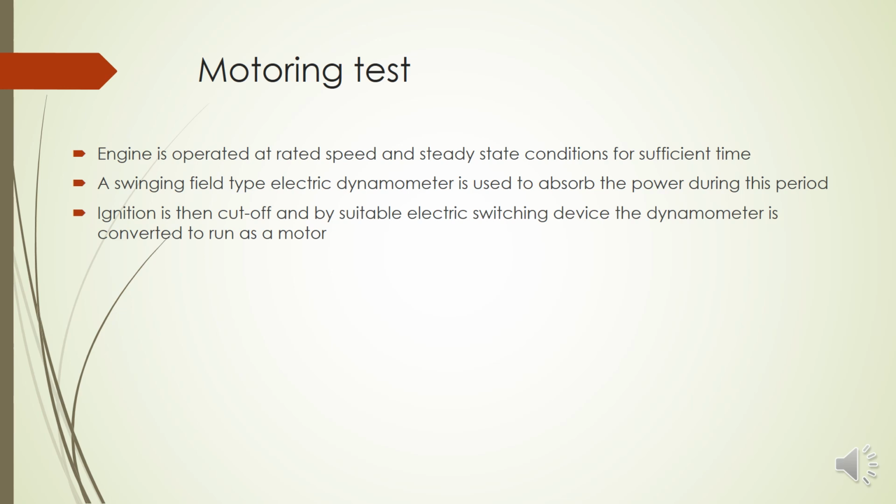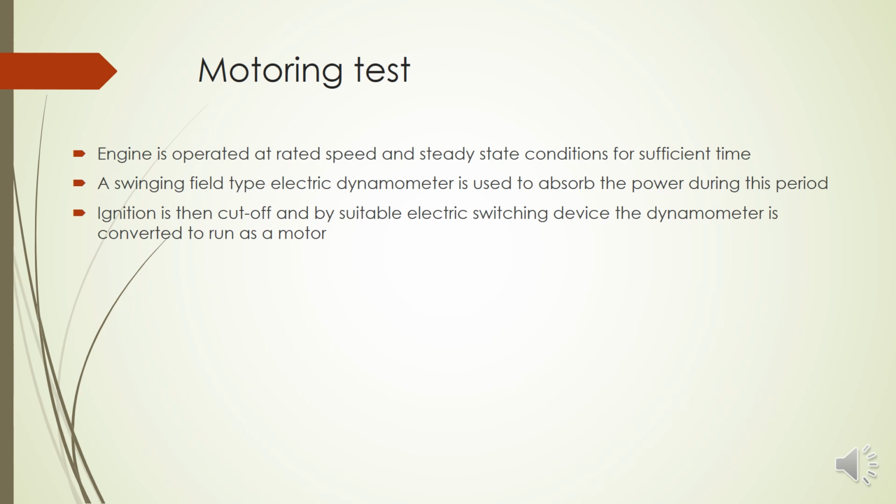And the ignition is cut off by shorting the spark plug or by blocking the fuel injector. We are stopping the ignition, and by an electric switching device we can change this dynamometer into running as a motor. So initially the dynamometer absorbs power from the engine, then the electrical circuit reverses, and it will run as a motor.